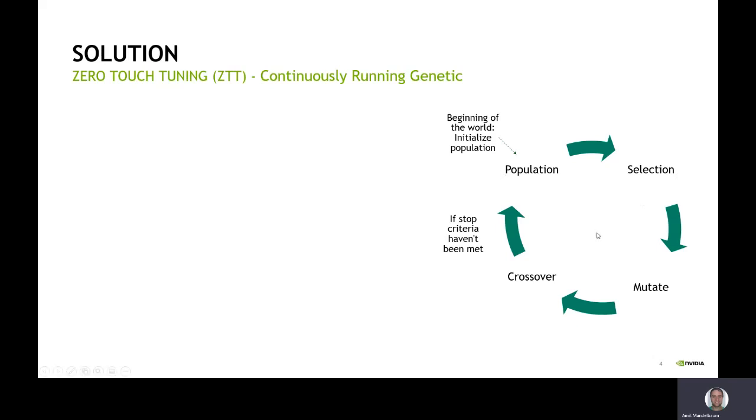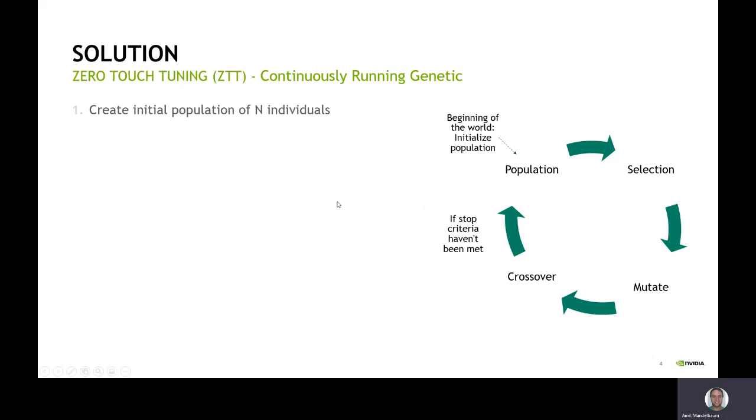Then we create a new population by mutating specific individuals or creating new individuals by doing a crossover between two or more individuals from the current population. The algorithm continues running until some stop criteria is met, where we get the best set of parameters and use them.